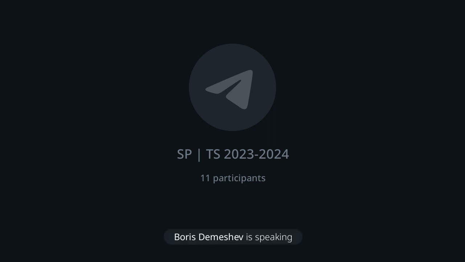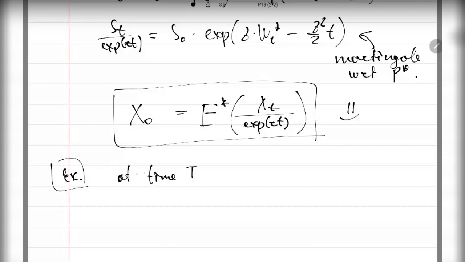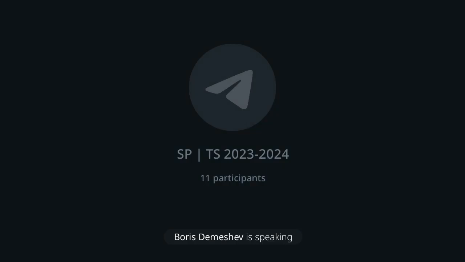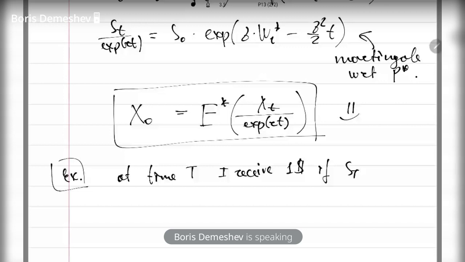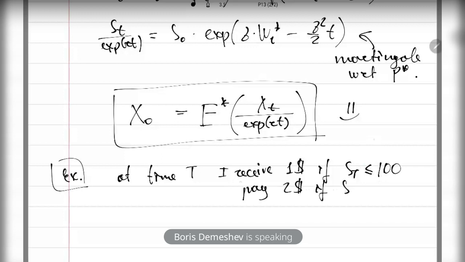Okay, let's do, for example, imagine that at time moment T, I receive $1 if, let's say, ST is less than 100, and I pay $2 if ST is bigger than 100.